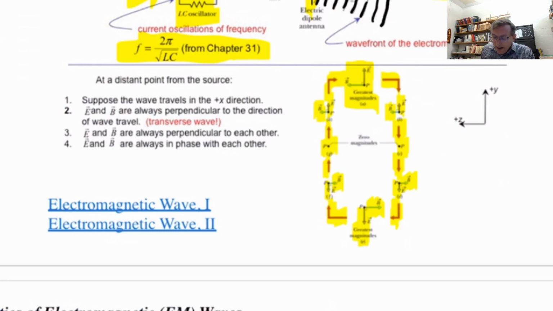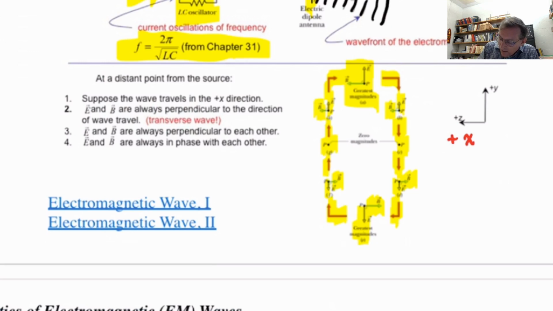Okay? And I'm supposing that this wave is traveling right towards us, and towards us in this picture is outward from the screen. All right, and the wave is traveling towards us. So the wave is traveling in this scenario in the plus X direction. Then here's one thing I immediately observe.